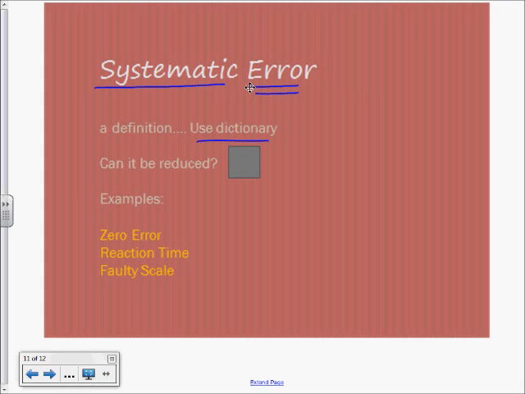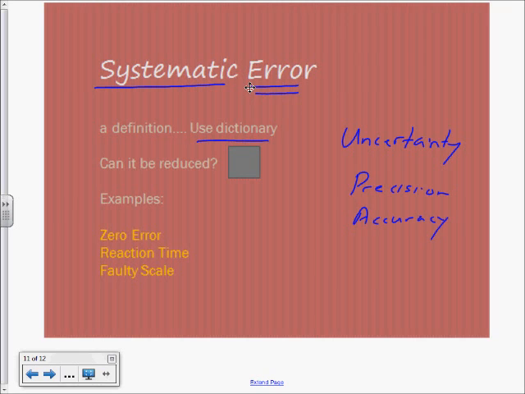If you look up errors and so on, I think you'll find that your dictionary actually refers you to the term uncertainty as being the place. So if you look up systematic errors, you'll find that where you've got to look for it is under the term uncertainty. And then you'll find that that also refers you to the terms precision and accuracy in the dictionary.